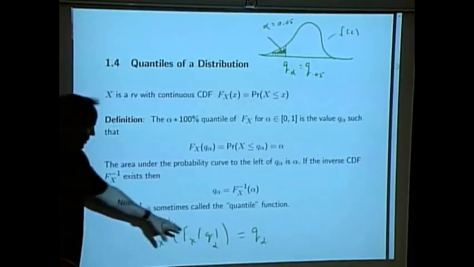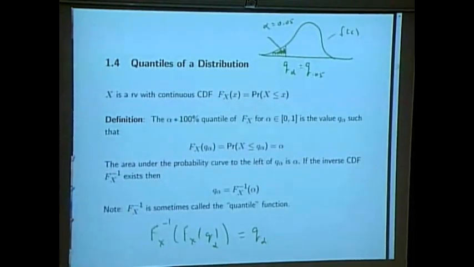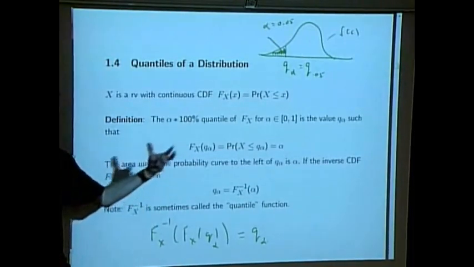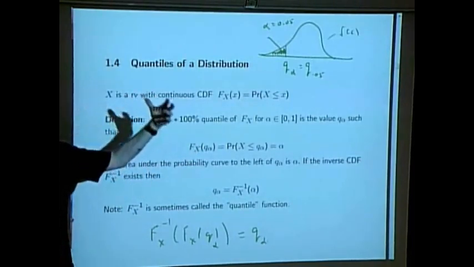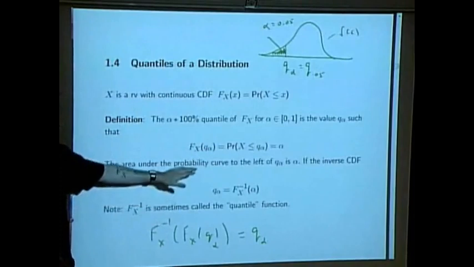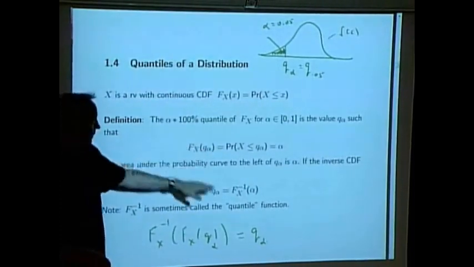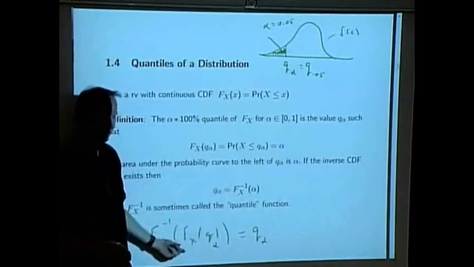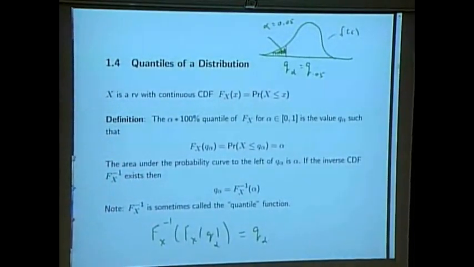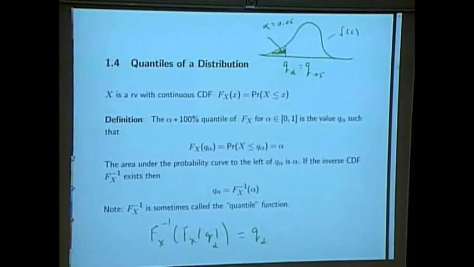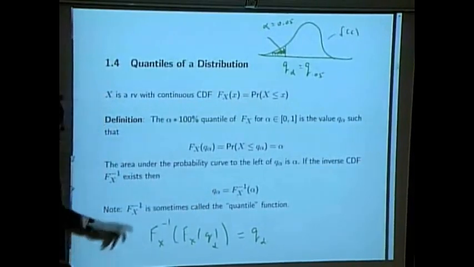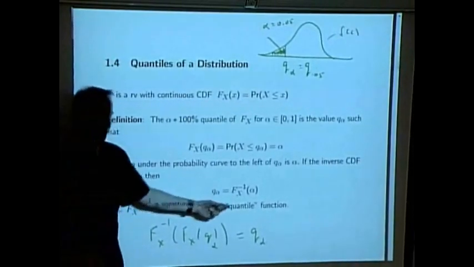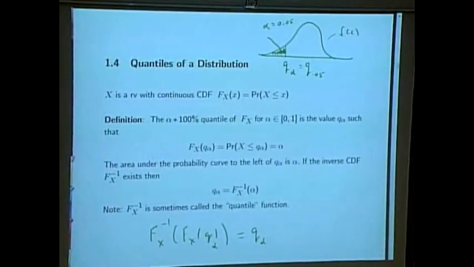So when we apply the inverse function to the CDF at a point, then that negates it. So think of the exponential and the logarithmic function. The exponential is the inverse of the logarithmic function, and vice versa. So e to the logarithm of x is equal to x. So the same thing is going on here. We think of this as the CDF, and the inverse CDF is the function such that it satisfies this property. So if we can mathematically compute the inverse function, then we can get the quantile. So that's why this inverse CDF is often referred to as the quantile function for a distribution.